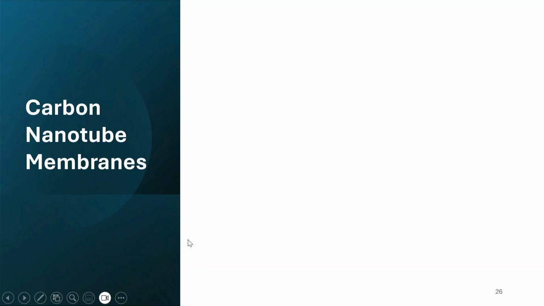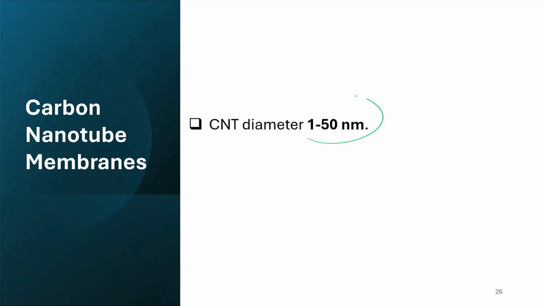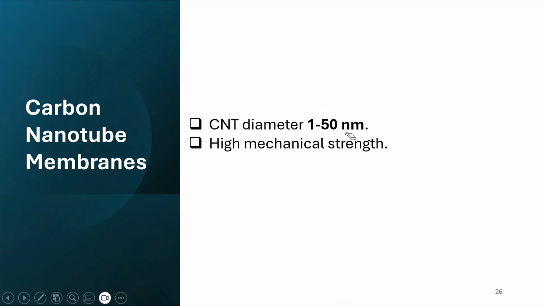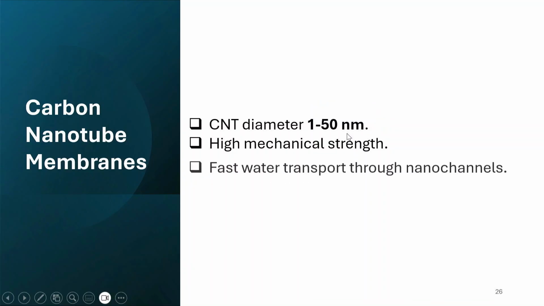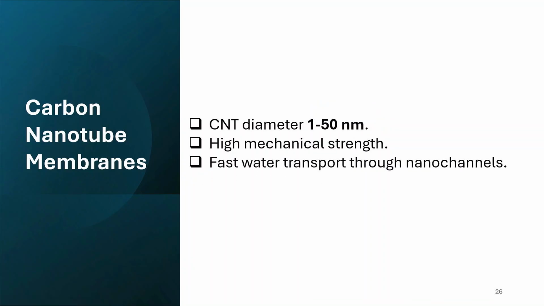We can produce carbon nanotube membranes also. Carbon nanotube diameter is 1 to 50 nanometer, with high mechanical strength and fast water transport through nanochannels. That is the advantage of carbon nanotubes.